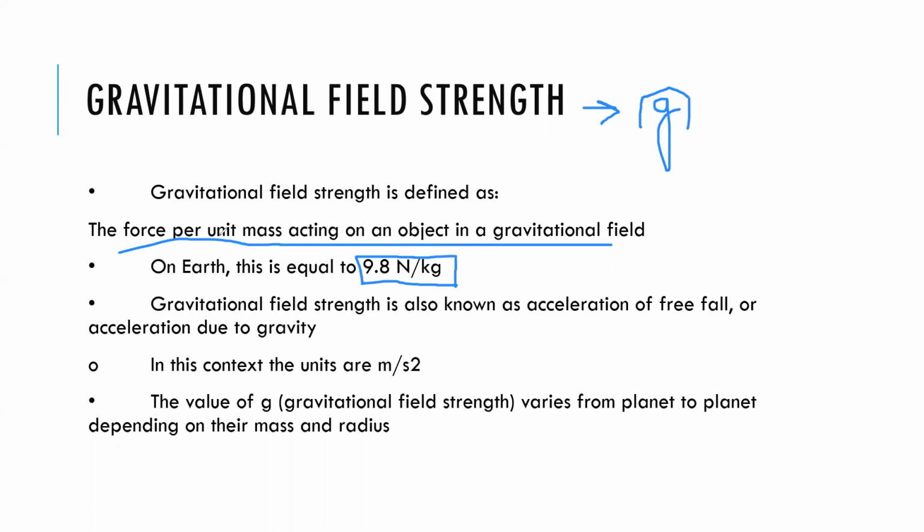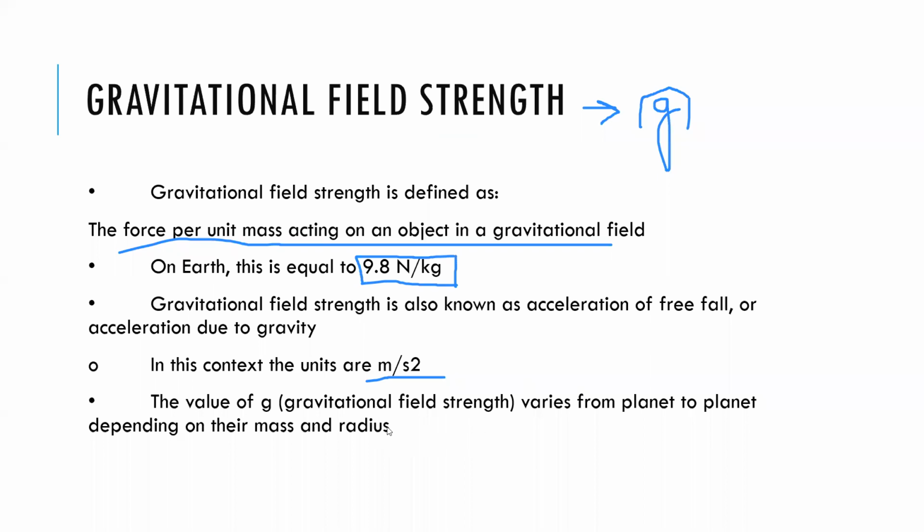It is the force per unit mass acting on an object in a gravitational field, in a range where the effect of gravity can be felt. Gravitational field strength is also known as acceleration of free fall or acceleration due to gravity. The units are meters per second squared. Always remember this, or newtons per kg. The value of gravitational field strength varies from planet to planet depending on the mass and radius.